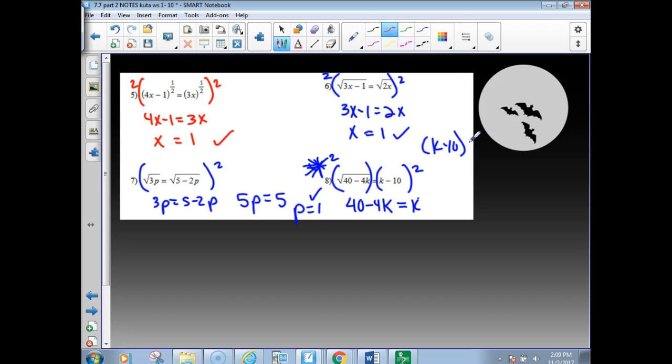I've told you over and over again. Be careful when you have a quantity of two terms with a difference or a sum squared. There's three terms. It's a trinomial. I got negative 10K twice. It's minus 20K plus 100.